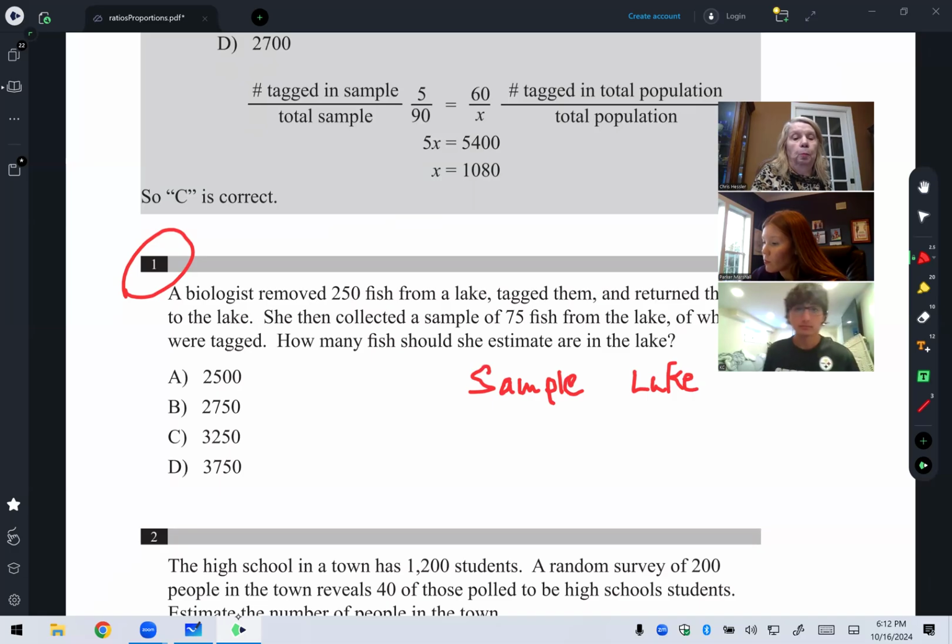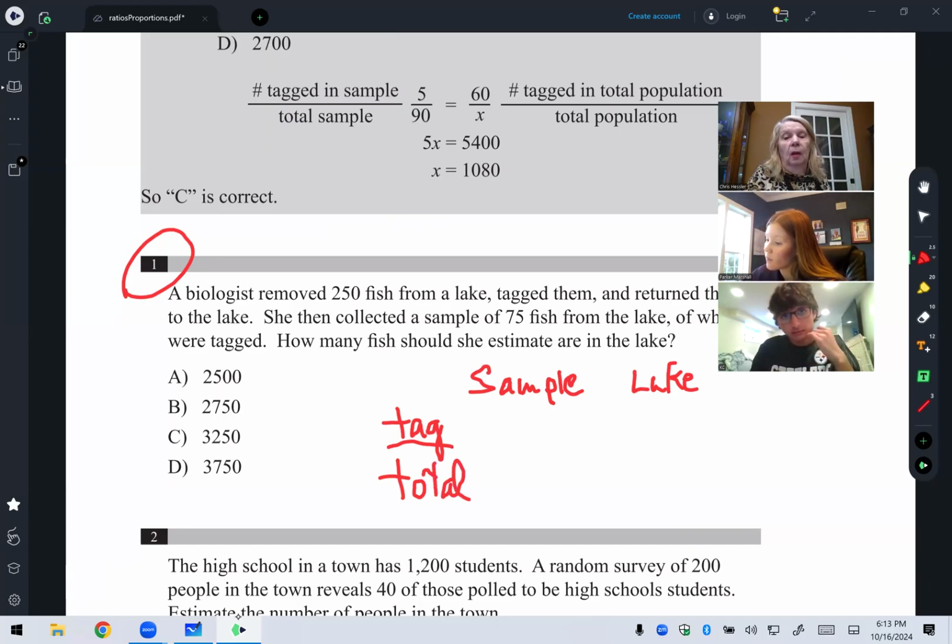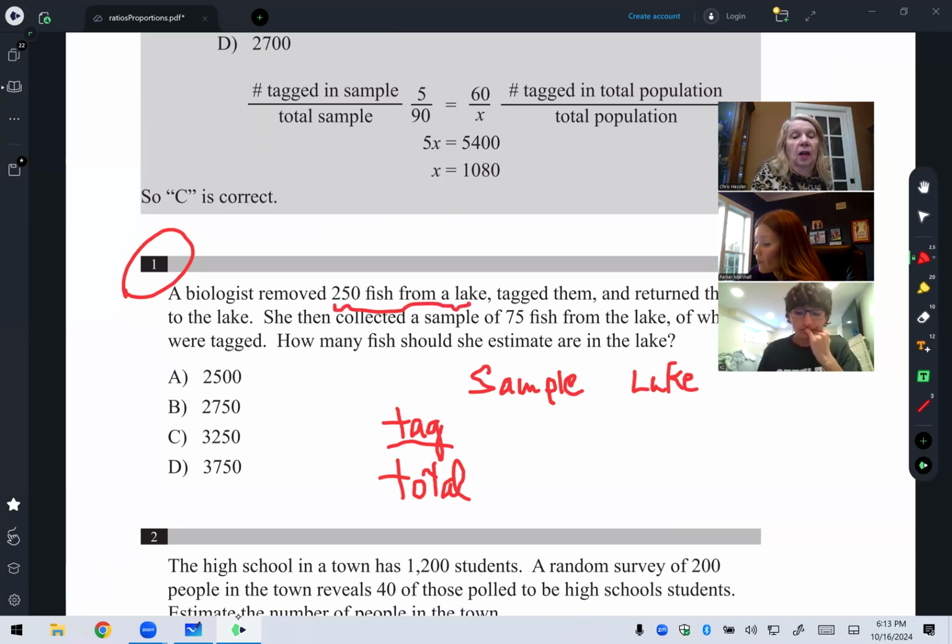And you're doing tagged over total, right? Okay, so a biologist removed 250 fish from a lake. She tags them, and she collects a sample of 75 fish from the lake.